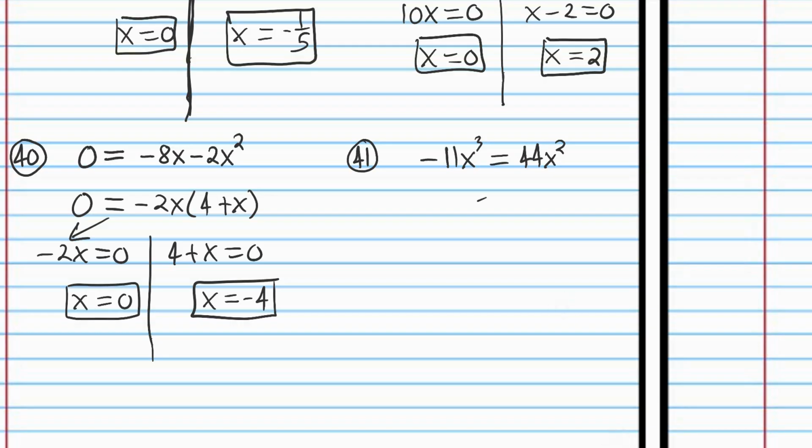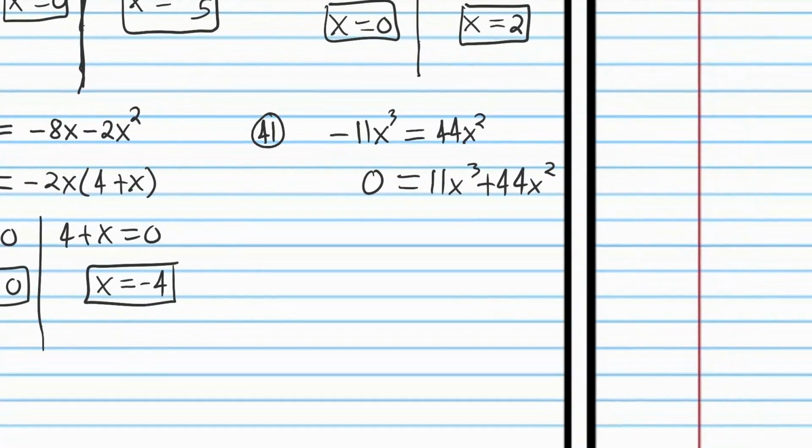All right, we're back. I'm going to go ahead and just put everything on the right side with descending order of powers. That's the safest way to do it. Just looks more familiar that way. So I added 11x cubed to both sides.